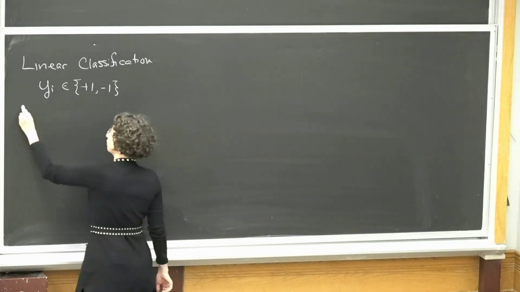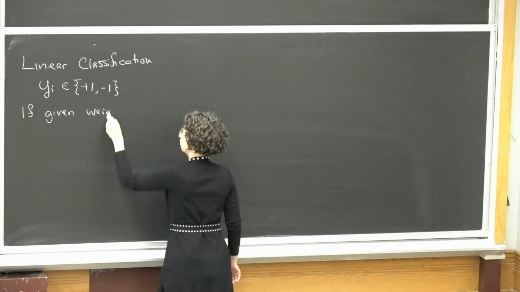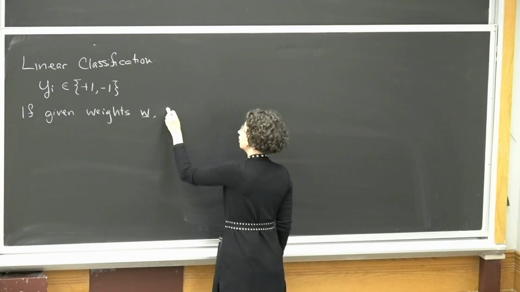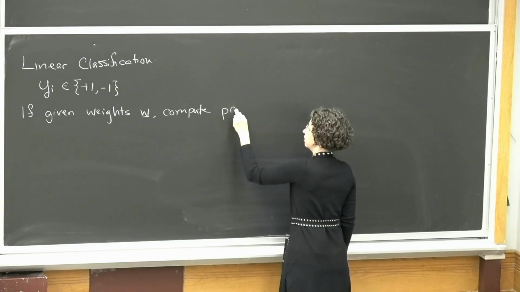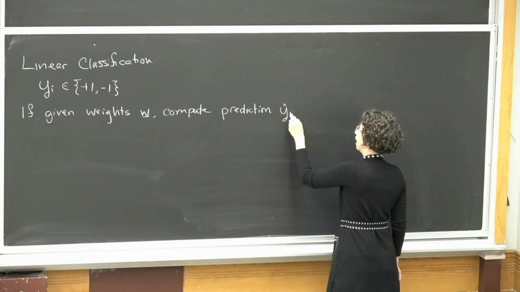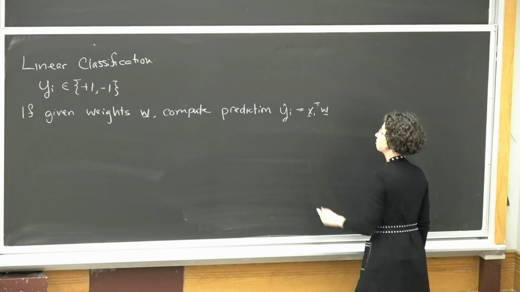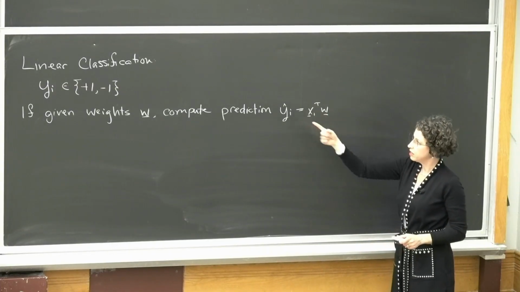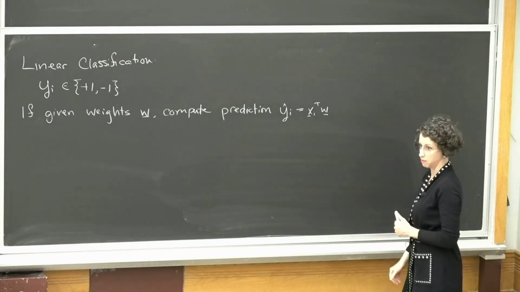So if we are given a weight vector W, and then we compute a predicted label, let's say y hat i as xi transpose W. In general, this inner product is not going to be either +1 or -1, right? It's just going to be some number.